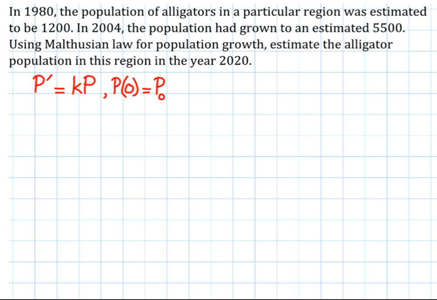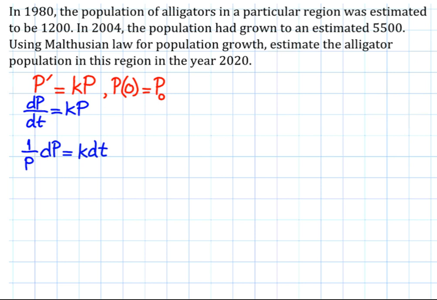First, we have derivative of p with respect to t equal to kp, and this is a separable equation. Multiply dt on the right and divide by p on the left. We have 1 over p dp equal to k dt.